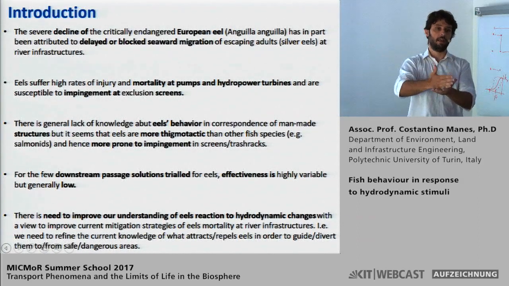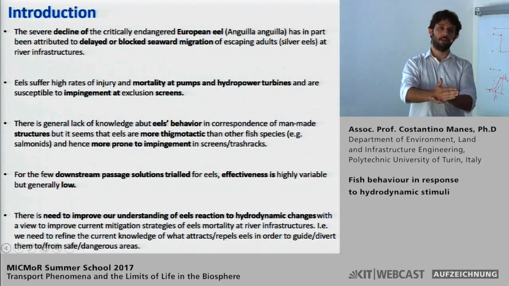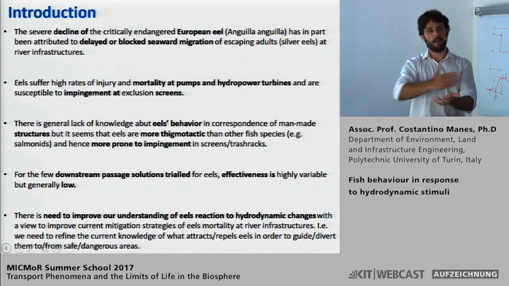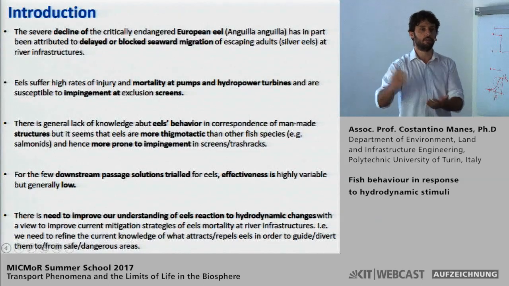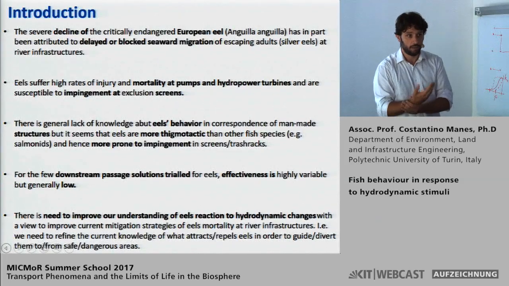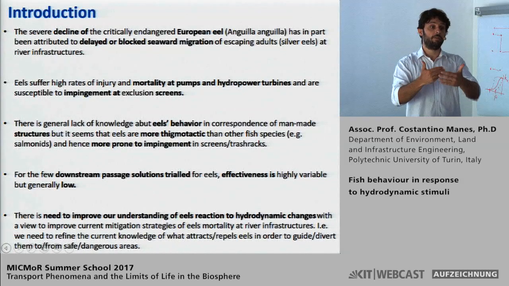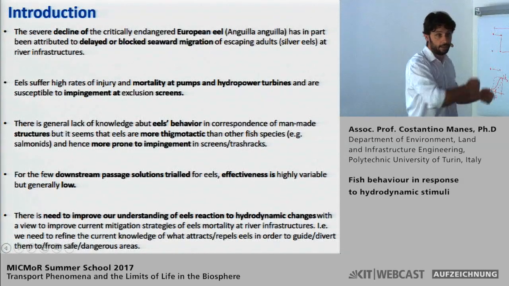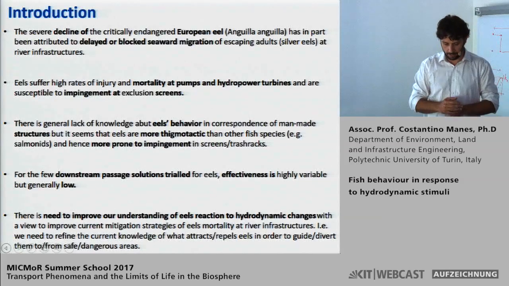Whenever you have a water intake or something, the asset owner has to put some sort of screens or trash racks to prevent the passage of debris and fish itself. And they get impinged, they don't have the power. If the velocity is high, they don't have the strength to swim back, and so they get stuck in these screens.